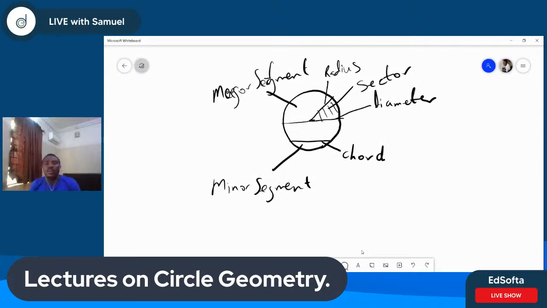Then, after we've looked at all the theorems, we'll start to bring them together by solving questions and using these theorems to attack some of the questions that we might see.